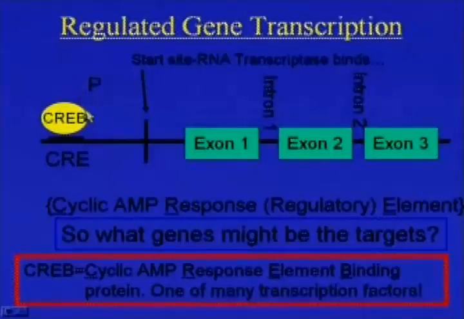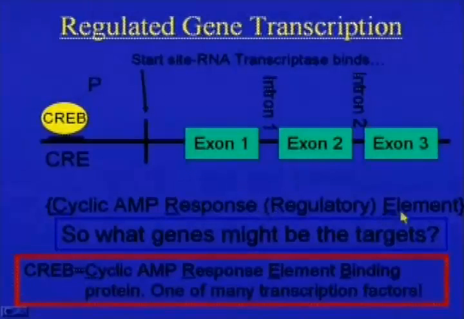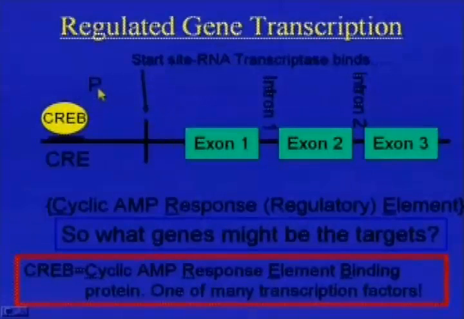Once phosphorylated, the CREB has access to the nucleus and can bind to the cyclic AMP response or regulatory element. In the case that we were just looking at, we are looking at the POMC gene. So its CRE would bind the phosphorylated CREB after CRH had increased its phosphorylation through the metabotropic mechanism we described.